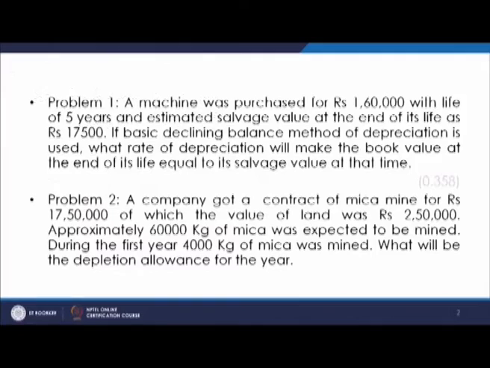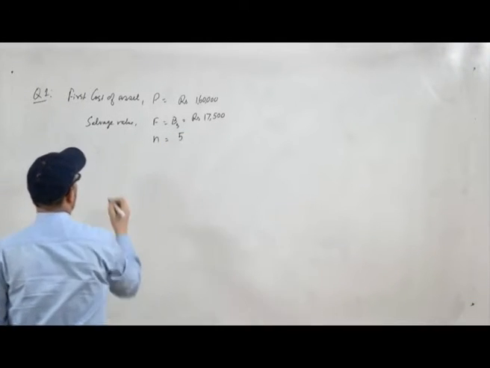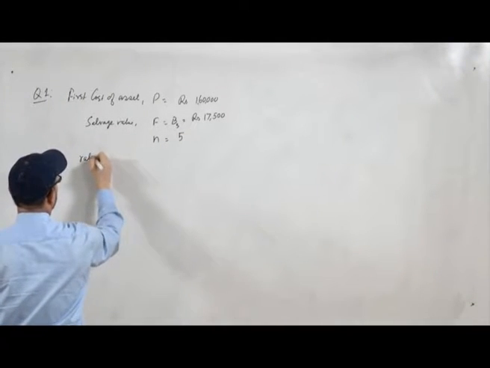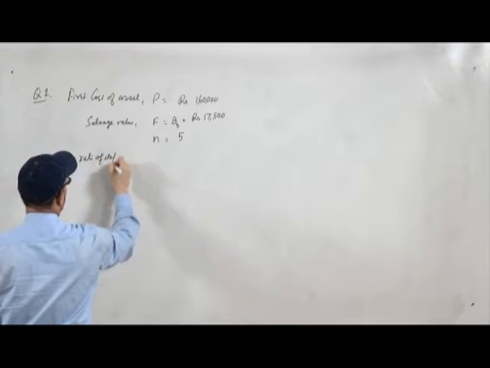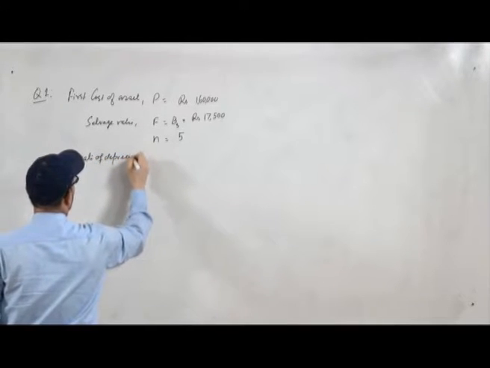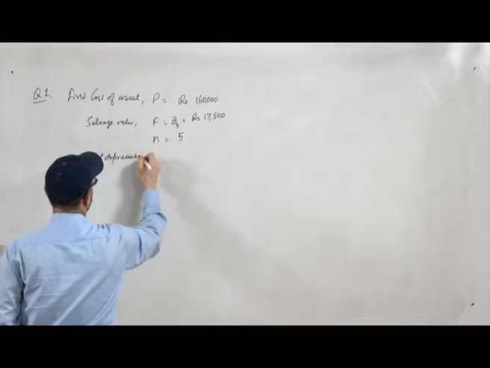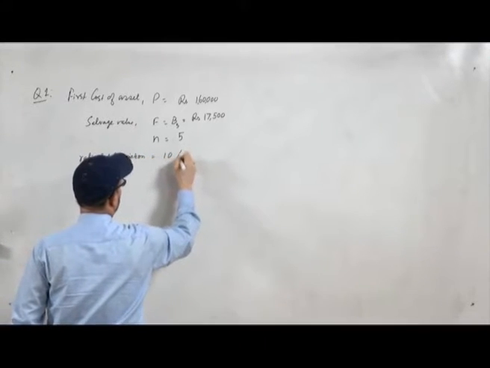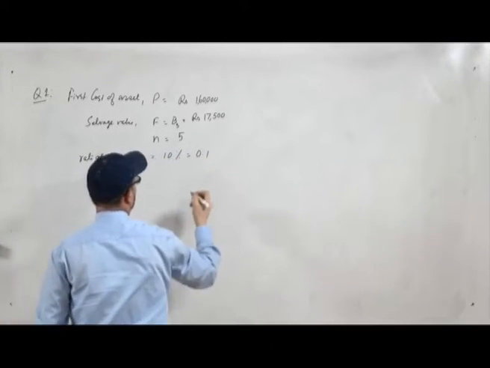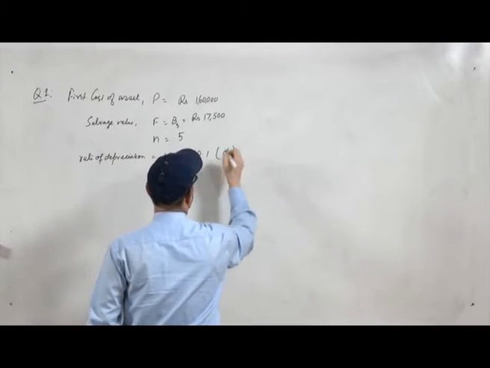Life is 5 years, so N is 5, and the rate of depreciation, 10%, that is 0.1, this is alpha.